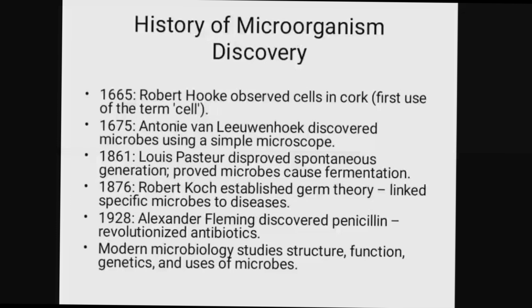So what I want you to take away from this is that Robert Koch established the germ theory. In brackets, specific microbes cause specific disease. Bracket close. I'll repeat. Robert Koch established the germ theory. In brackets, specific microbes cause specific disease.